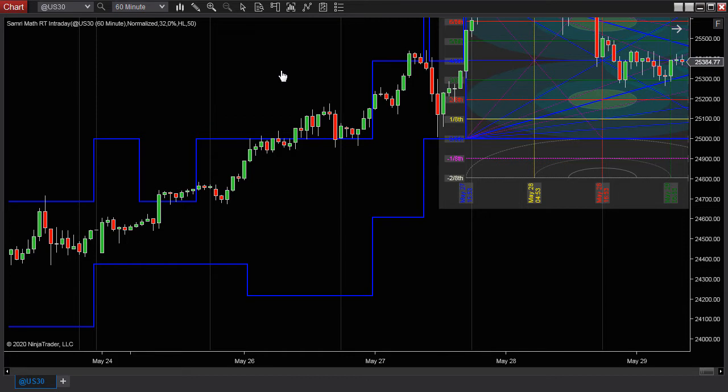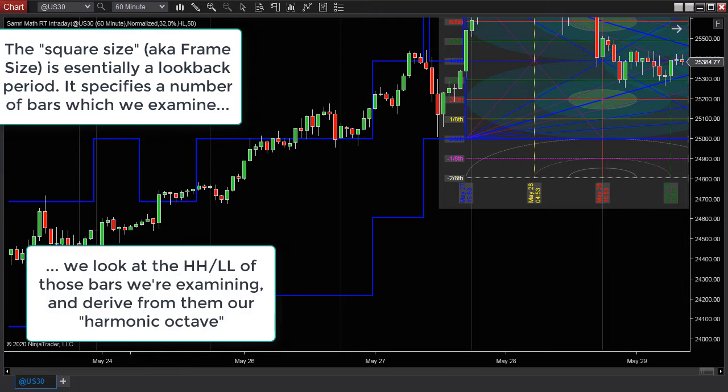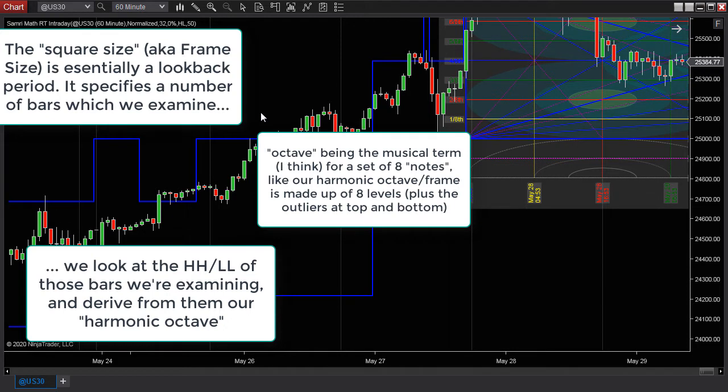But the frame will also change depending on your look back. Right now we are looking at a frame square size of 32. That means we look back 32 bars and see where the highest highs and lowest lows have been, and then do some mathematical calculations to arrive at a harmonic octave of some sort, which ends at the 8/8 and begins at the 0/8.